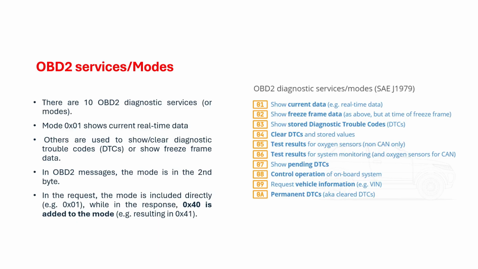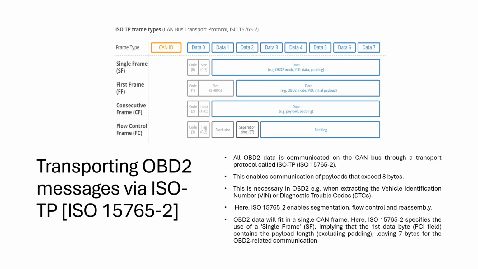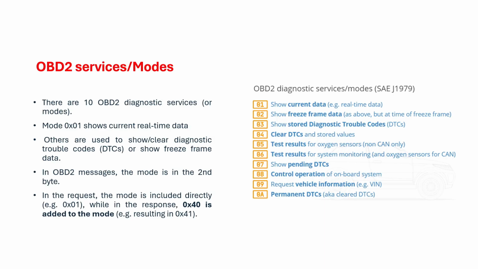OBD2 services and modes. From the previous slide, we know that we can specify a particular service or mode in the frame format itself. There are 10 OBD services or modes supported, where mode 1 shows the current real-time data.